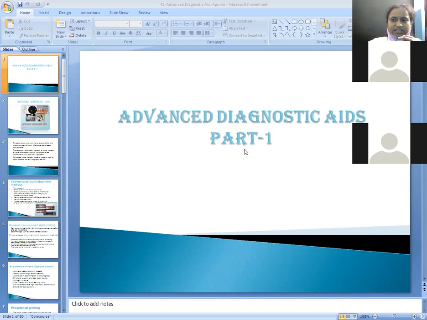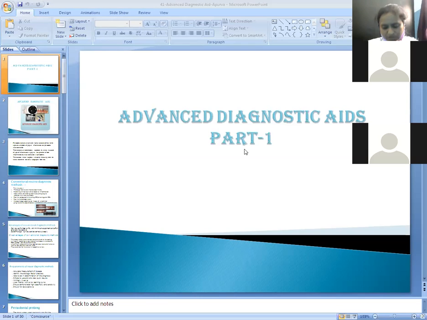Other than that, what are the different statuses? Periodontal status, first is probing pocket depth, second one is clinical attachment loss, third one is what? Mobility, fourth one is what? Furcation involvement. Yes, furcation involvement. So to detect all these things, we need to have some instruments, right?